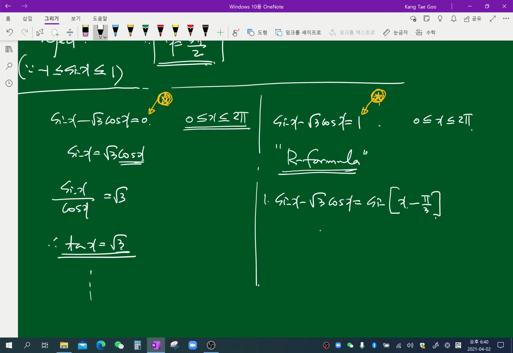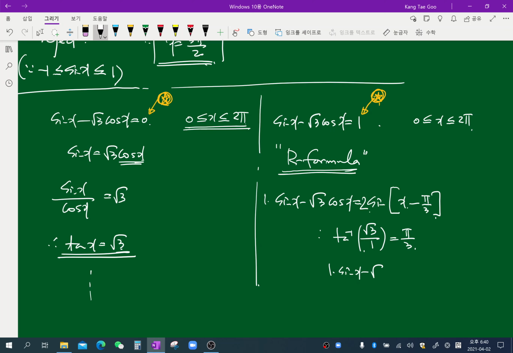How do I calculate? Tangent inverse of square root 3 over 1 is pi over 3, right? And then 1 times, oh yeah, in front here I need to have 2, sorry.